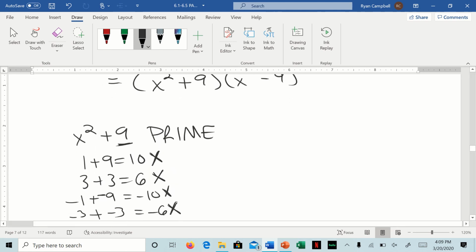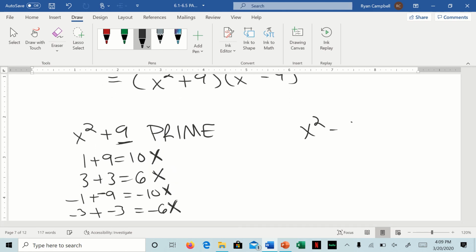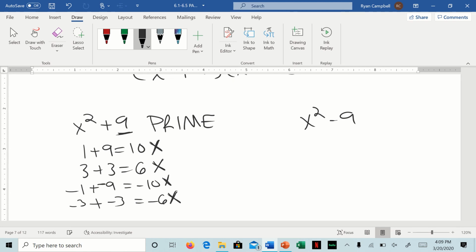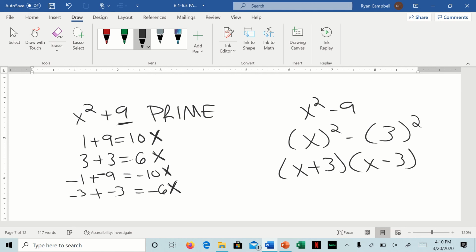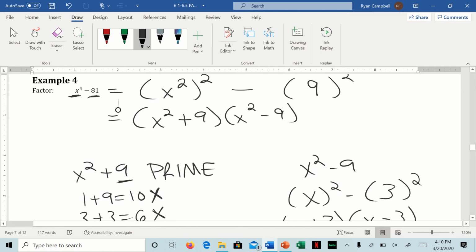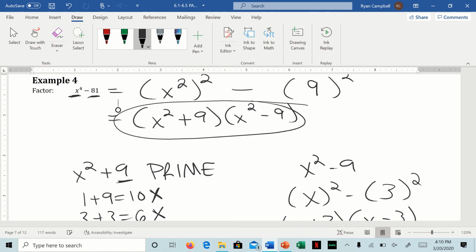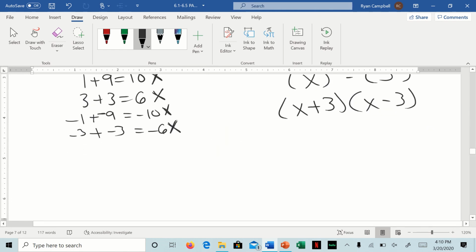Woo! So let's look at the x squared minus 9. Well, if you notice, we actually have a square minus a square, a difference of squares. And that's going to be x and 3. So I can simplify to x plus 3, x minus 3. So when you get everything all together, we know that our answer is x squared plus 9.